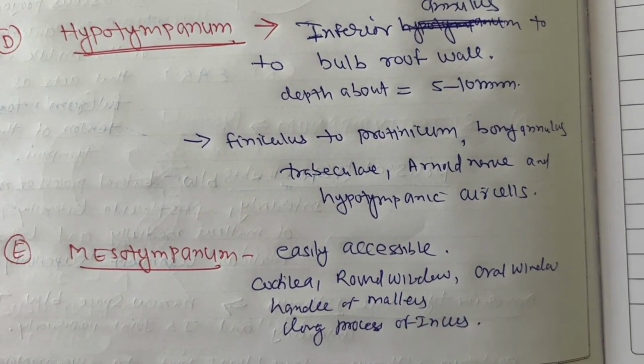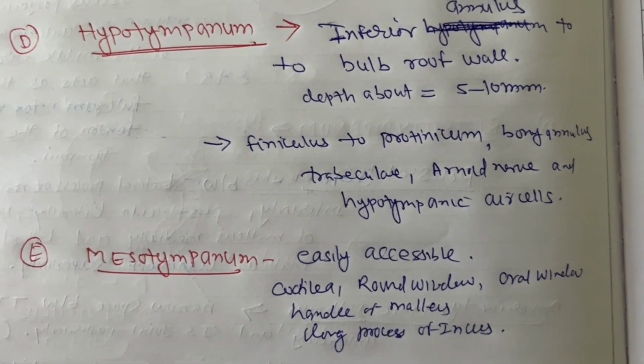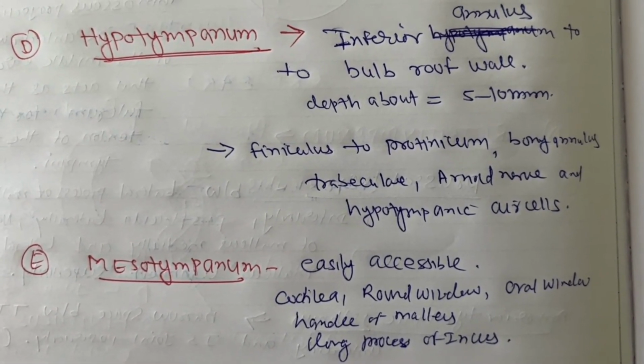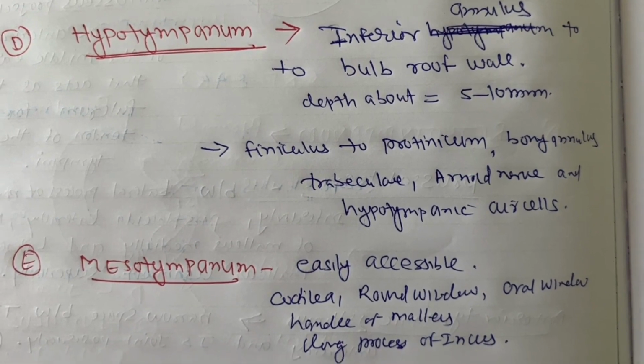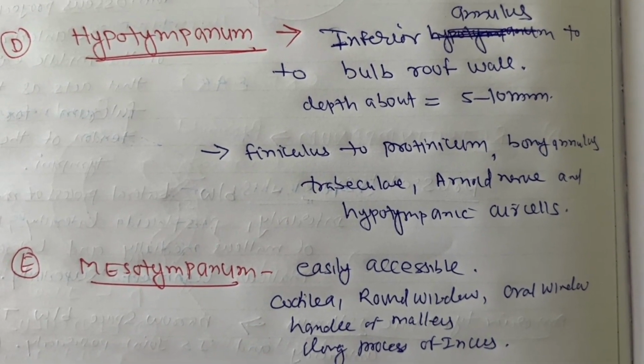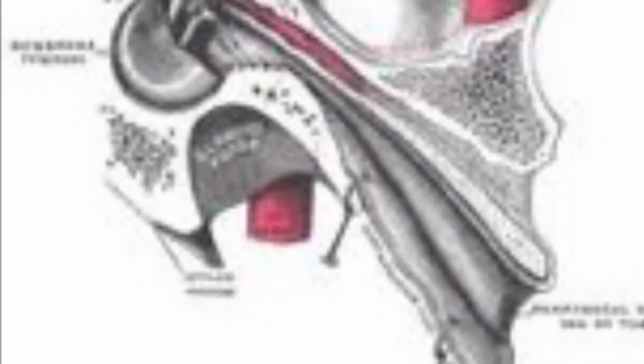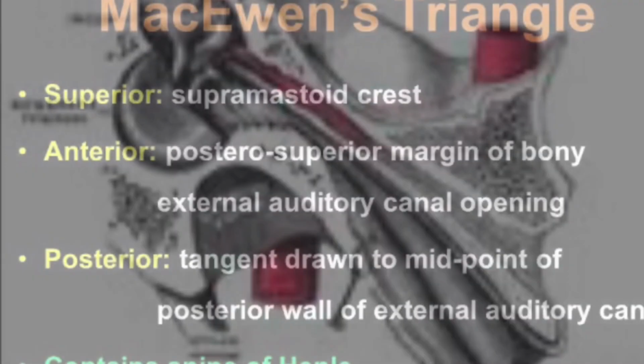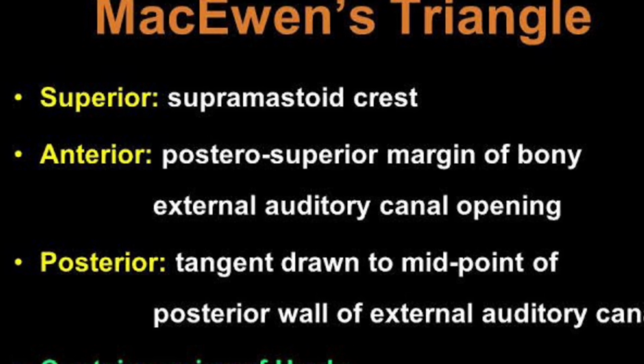Now talk about the mesotympanum. The mesotympanum is the middle area, which can be easily accessed by microscope or endoscope. You can see mainly the handle of the malleus and the incus. What is MacEwen's triangle?